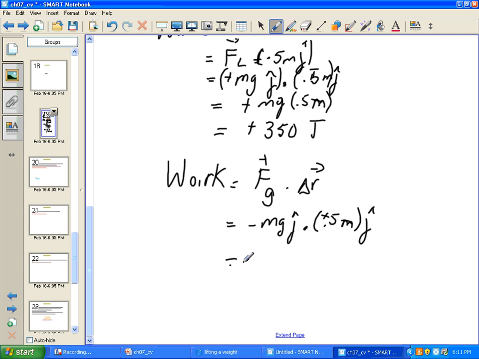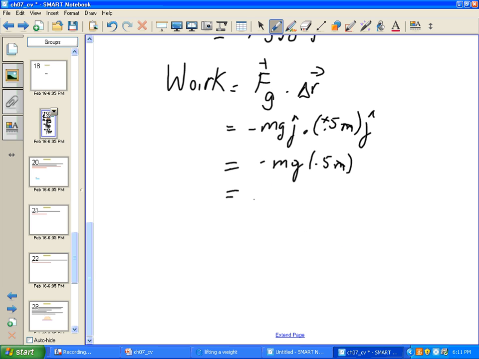We see that we get minus mg times 0.5 meters, or in other words, the work done is equal to minus 350 joules. Notice that the net amount of work done on the barbell is equal to 0. Each of the forces does the same magnitude of work, but in the opposite direction.